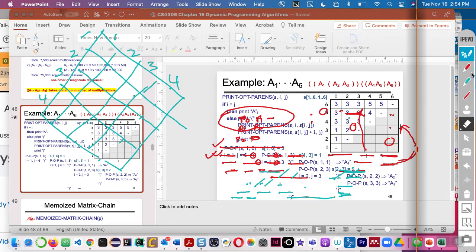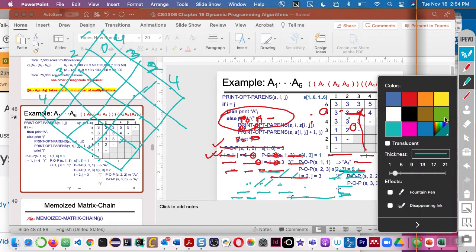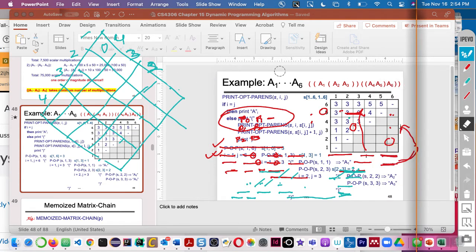And then some books have it like this, with the diagonal elements 1 1, 2 2, 3 3, 4 4, or some books have it like 4 3 2 1.